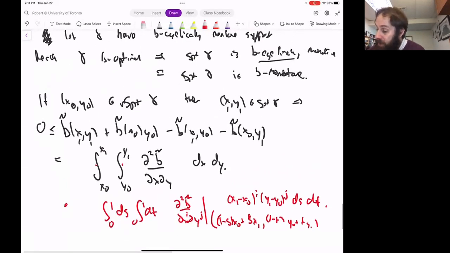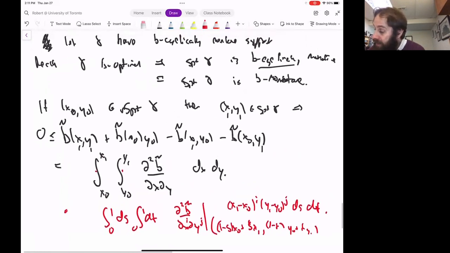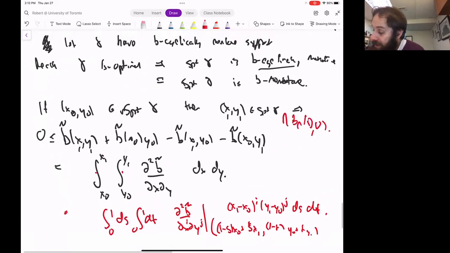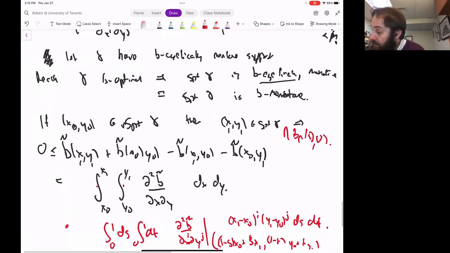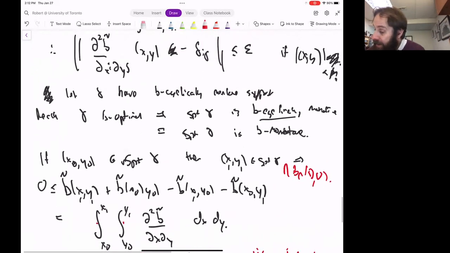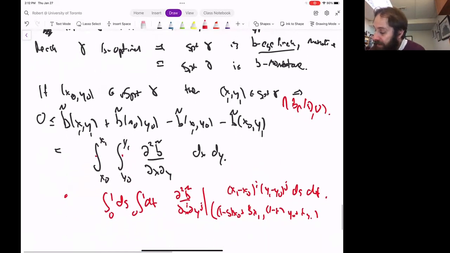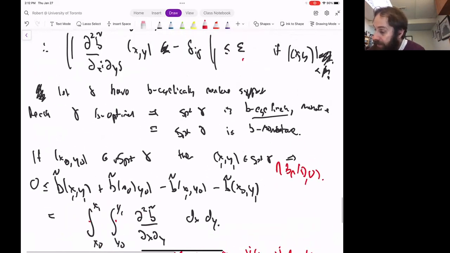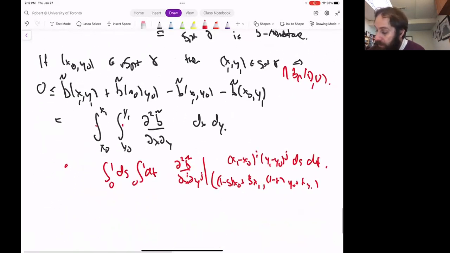But as long as x1, y1 are close enough, within a ball around the origin of radius r, I know that the integrand here is the identity plus a small correction, epsilon.